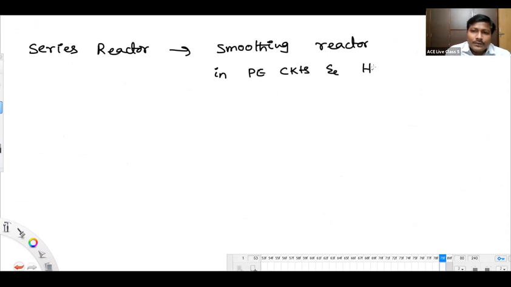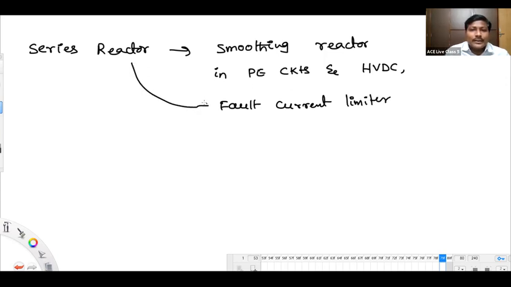Any other application of series reactor? To limit the fault current. It's a fault current limiter.